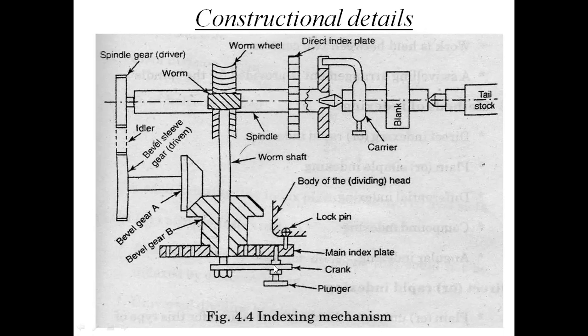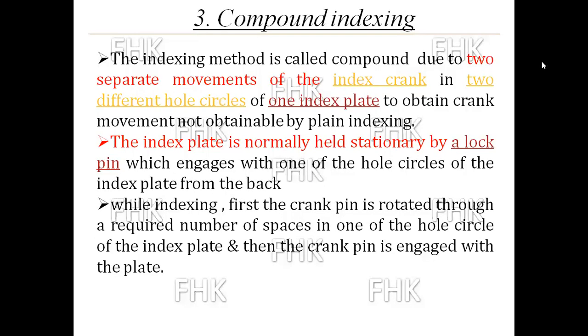When you pull that plunger, the pin is removed from the index plate having holes, and you rotate as per your calculation. So this is the rotation of the crank. That's why it is written here: two separate movements of the crank, either clockwise or anti-clockwise, in two different hole circles.